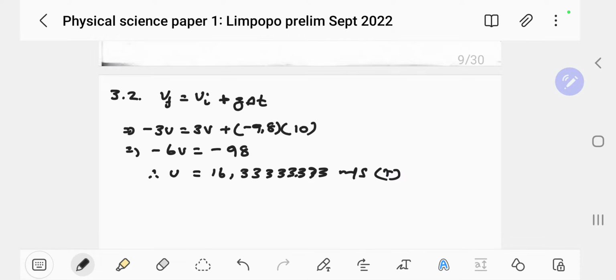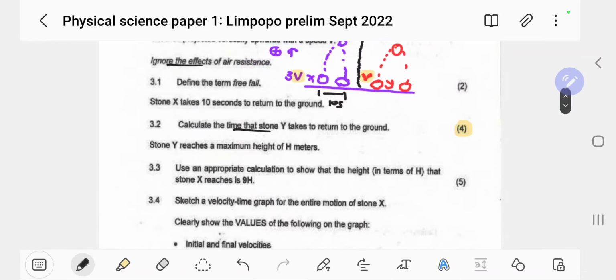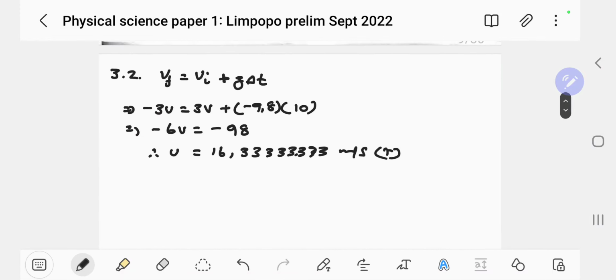Then we want to know how long this one will take to reach the ground. It will be a similar situation. So we can say now, therefore, the speed of stone Y is going to be such that v is equal to 16,33.